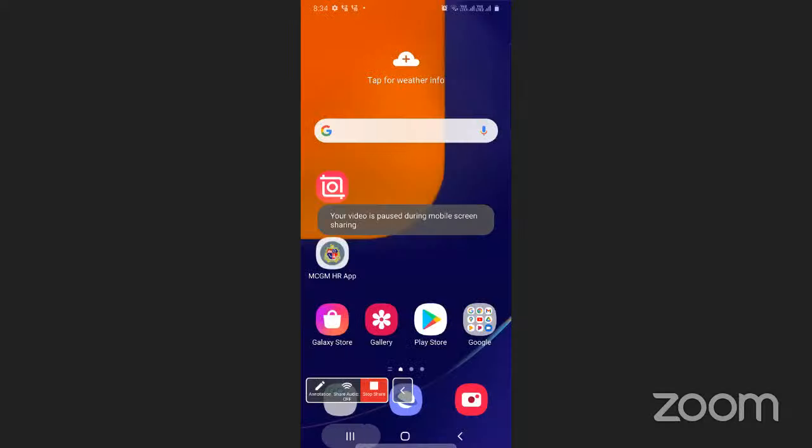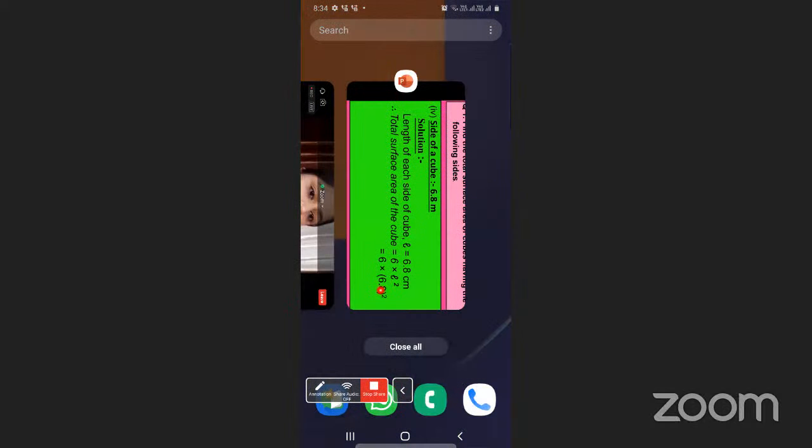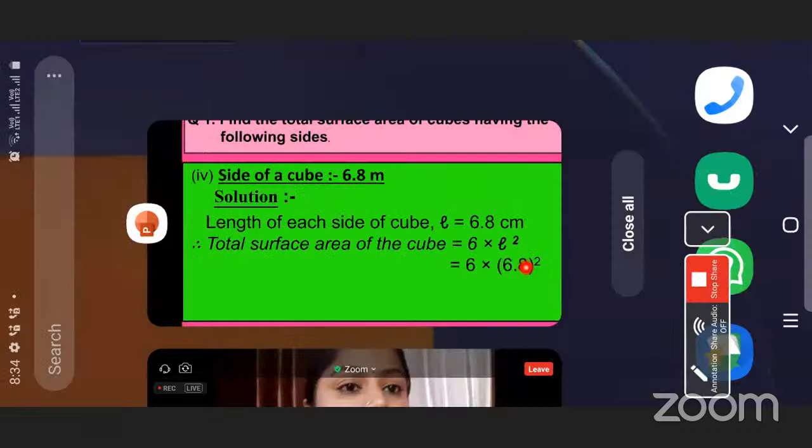Okay. So the length was 6.8 square. And we will multiply 6.8 by 6.8. Miss, we can't see the screen.